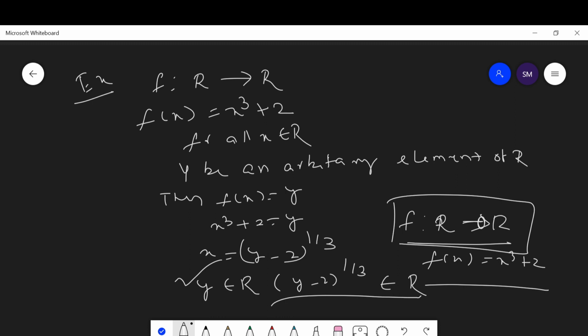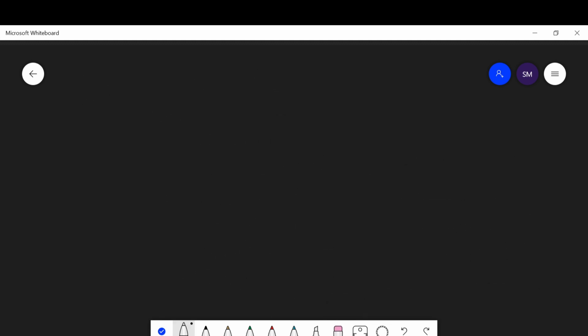Okay. Now let us discuss bijections, meaning one-one and onto. A bijection function is a function which is both one-one and onto.